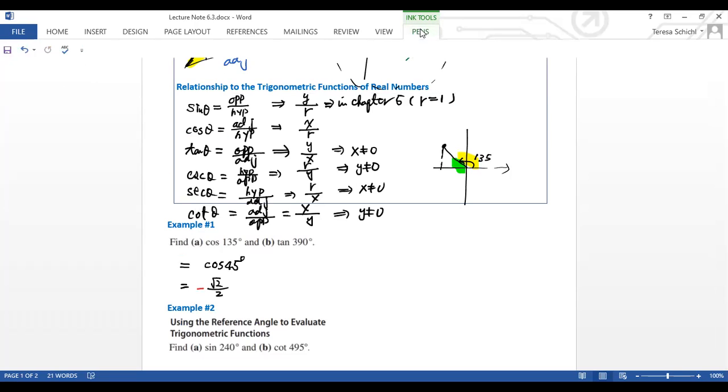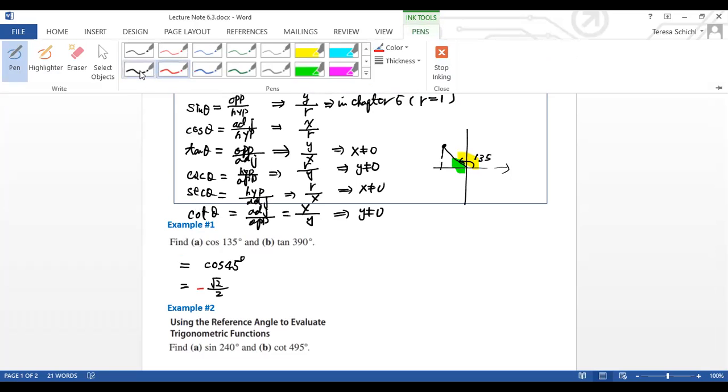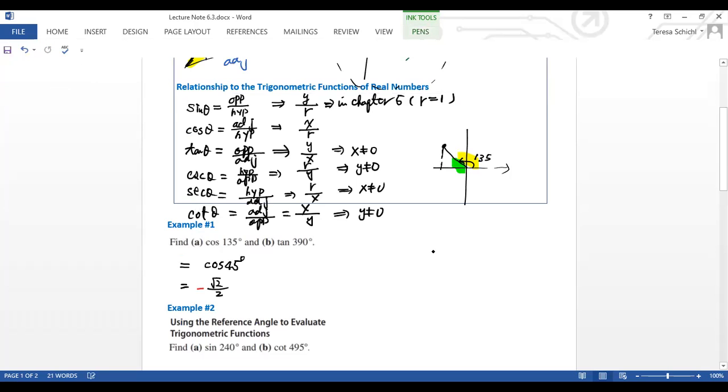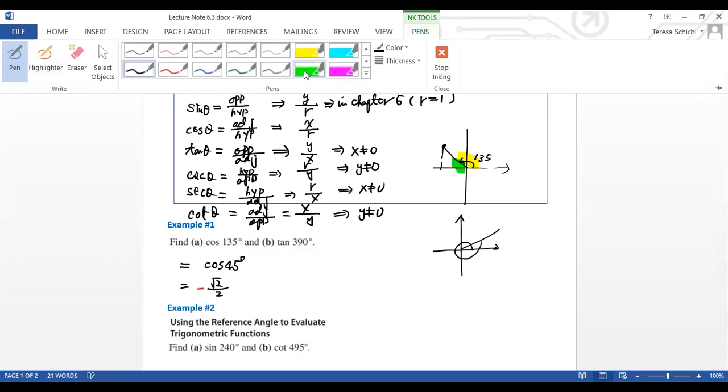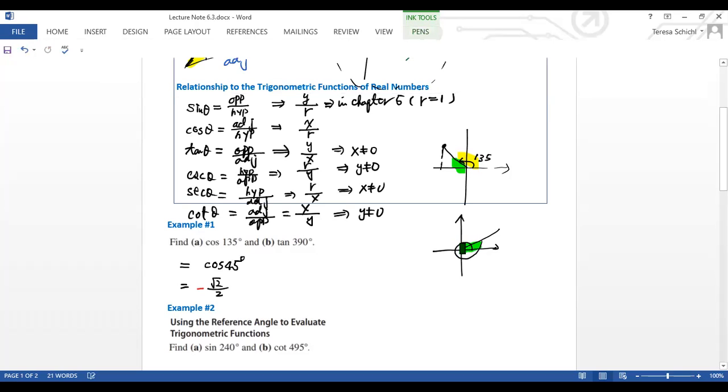Now let's take a look at tangent 390. That means you go around the whole circle, and then 30 extra degrees. So your reference angle is 30.